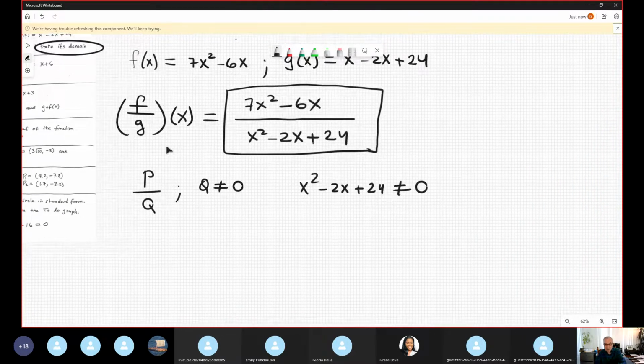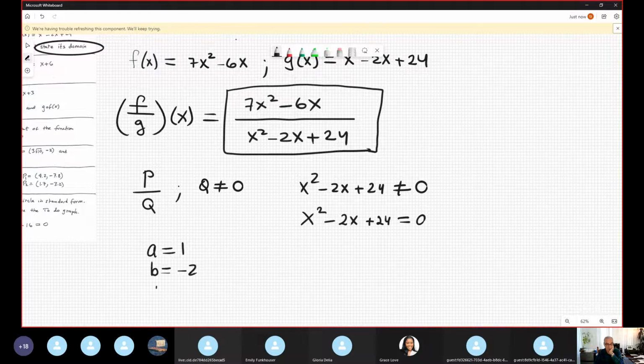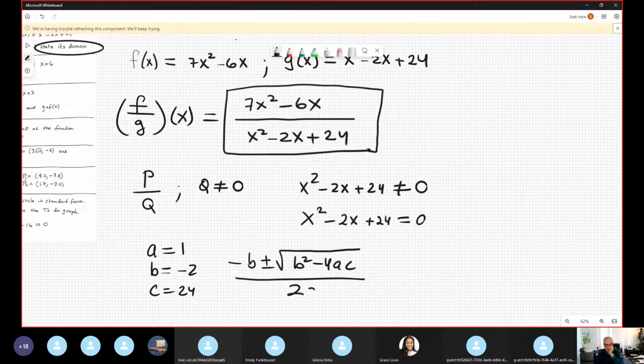Okay, this is relatively easy because immediately I convert this to a quadratic equation. And to solve the quadratic equation, I propose the quadratic formula. A is 1, B is -2, and C is 24. I'm plugging in. The formula is minus B plus or minus the square root of B squared minus 4AC, divided by 2A.